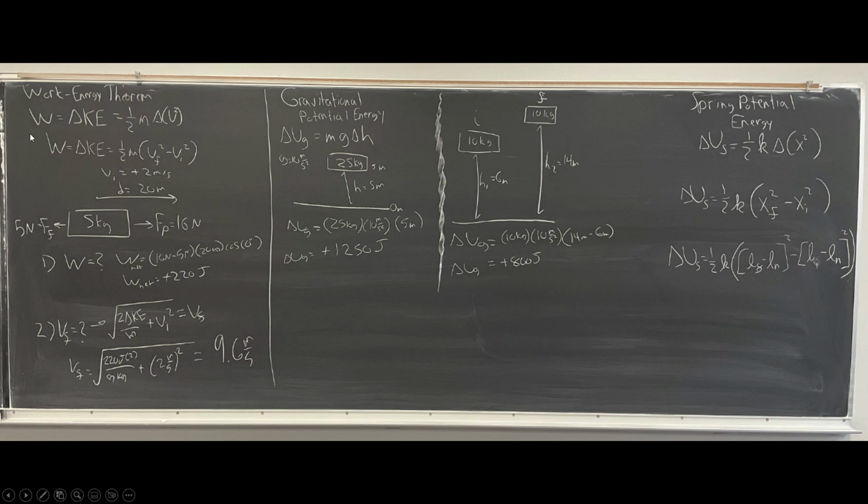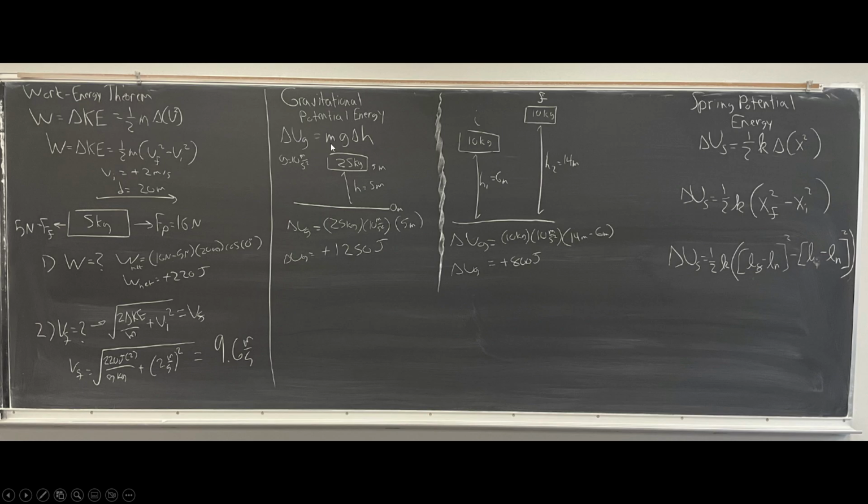Now that's kinetic energy, or the energy of an object moving. Gravitational potential energy is a type of energy that an object has by being above a surface. We're going to use U, capital U, for potential energy, U subscript G for gravitational potential energy, and what we care about is the change in gravitational potential energy.